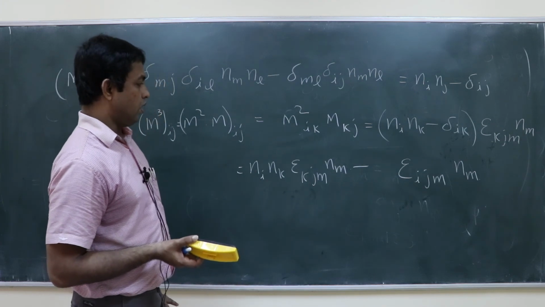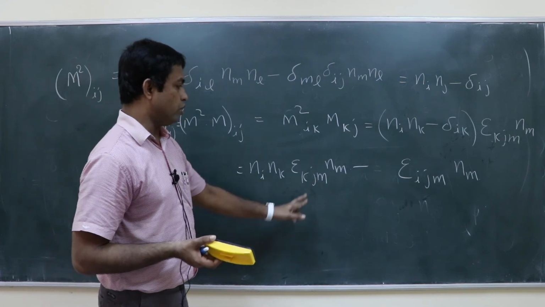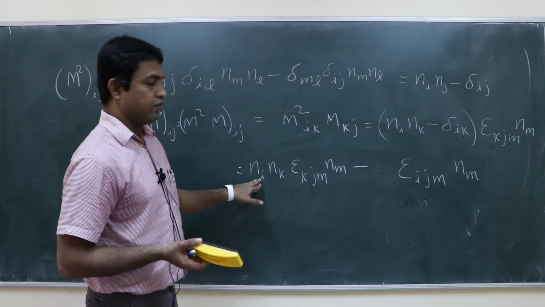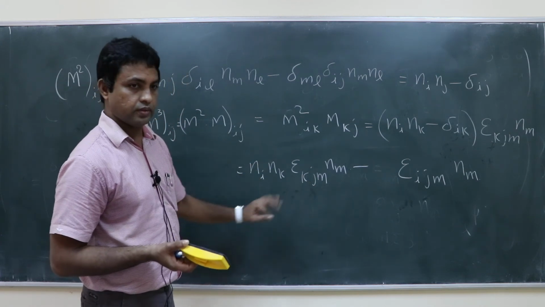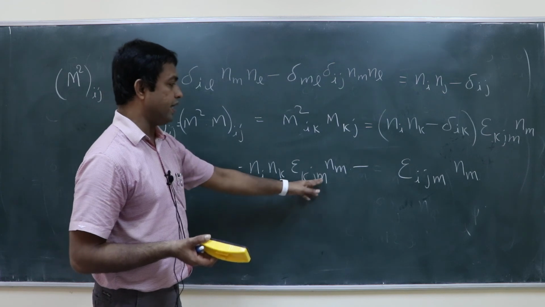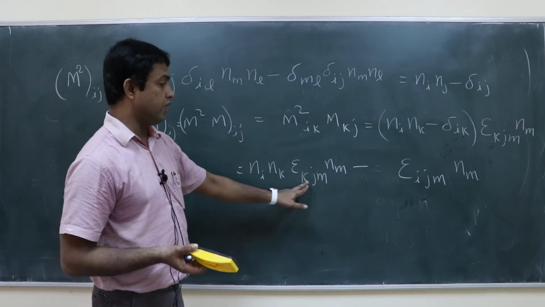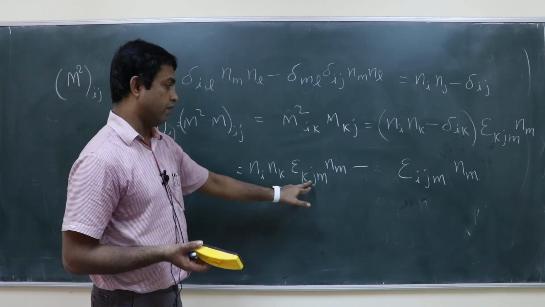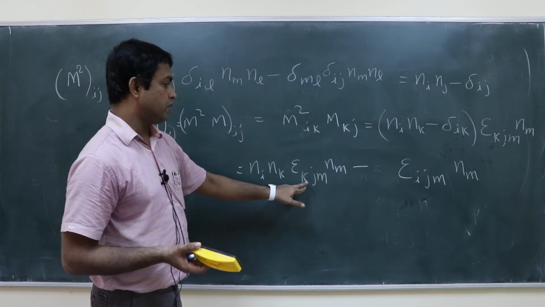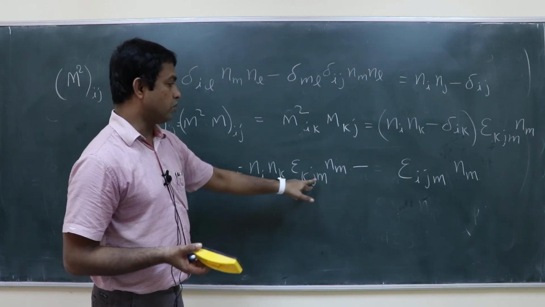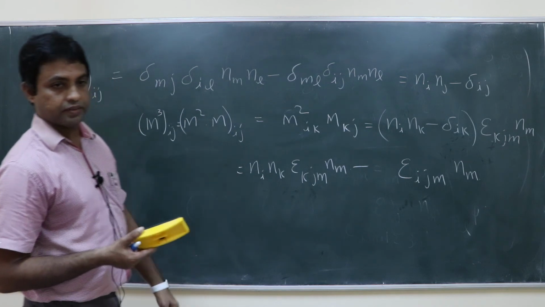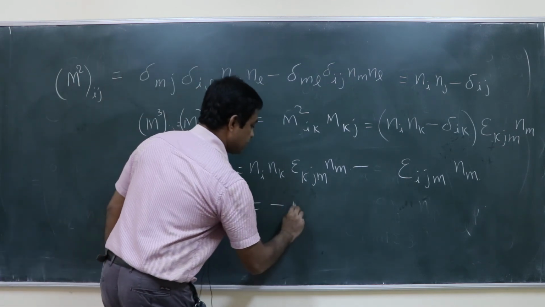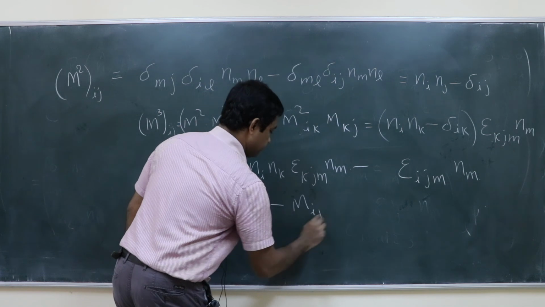So obviously k and m should not be equal to j, right? So the free index does not play a role here, because that is separate. So k and m should be different. So obviously there will be a pair 1, 2 here when j is something else, not 1 or 2. In that case, all those pairs will come in with the opposite sign. Right, good. So this is equal to minus mij.